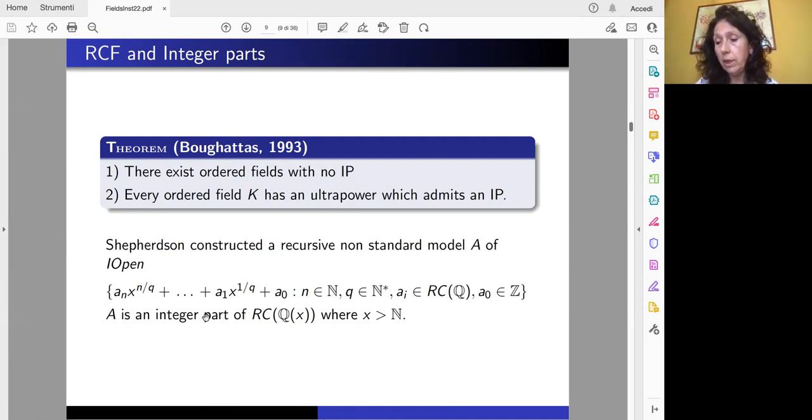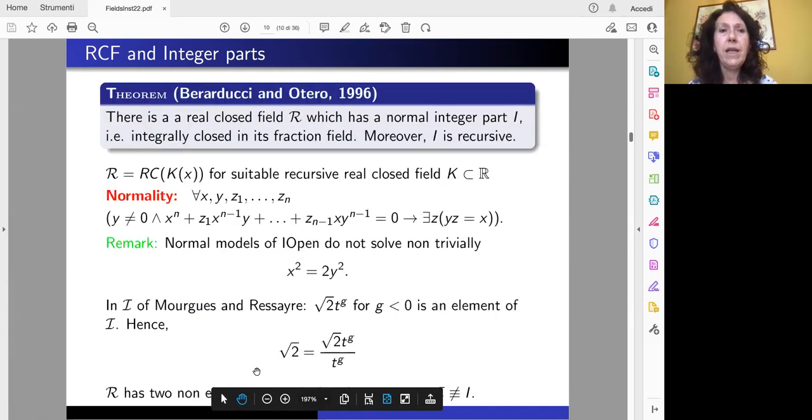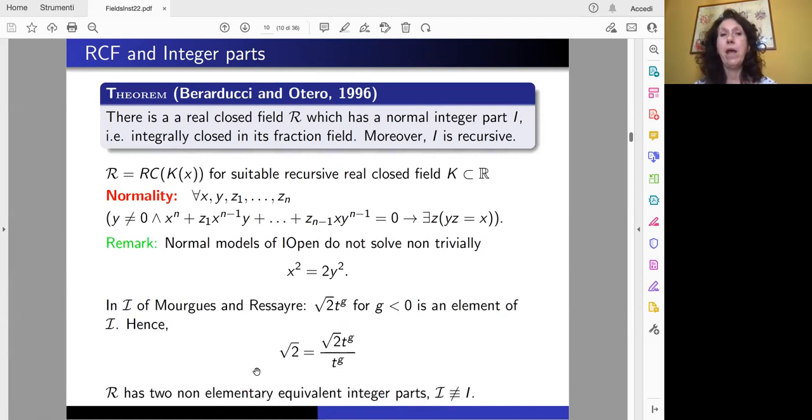Starting with this result of Shepherdson, in '96, Berarducci and Otero constructed a real closed field which has a normal integer part. So not only a model of open induction, but it is also normal, which means that it is integrally closed in its fraction field. And it is moreover recursive, so the operations of plus and times are recursive.